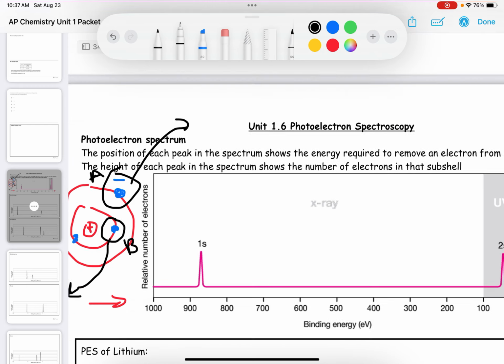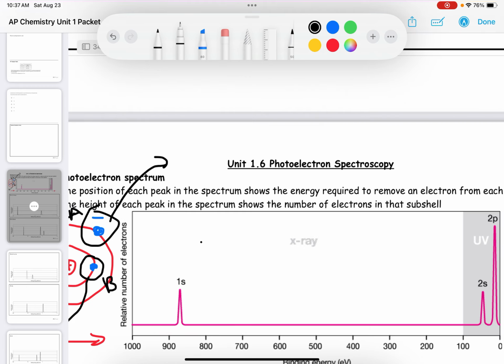Okay, now don't forget about Coulomb's law, that this electrostatic force of attraction is equal to a constant, a K value, I'm not worried about that. The charge, this is like the charge of the electron times the charge of the nucleus, divided by the distance between these charges squared. And what we'll notice is that with electron A, it was further away from the nucleus.